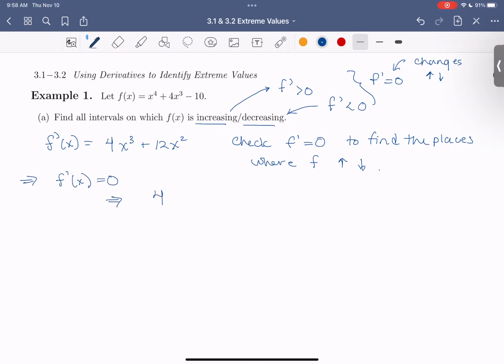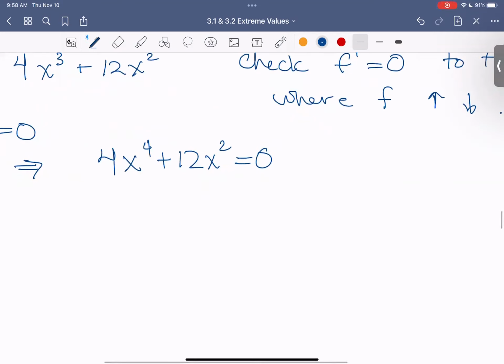This means we need to look at where 4x cubed plus 12x squared equals 0. Notice on the left-hand side that we can factor out an x squared from each term. In fact, we can do better and factor out 4 from each term as well. So then this becomes x squared plus 3 all times x squared. We want to know where that is equal to 0.